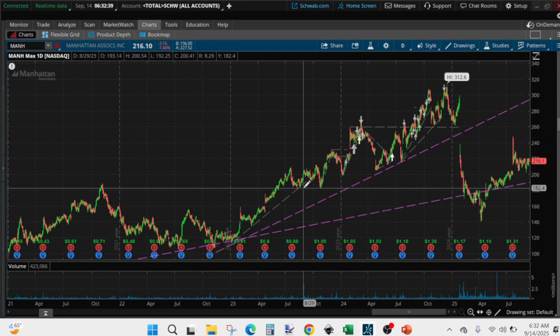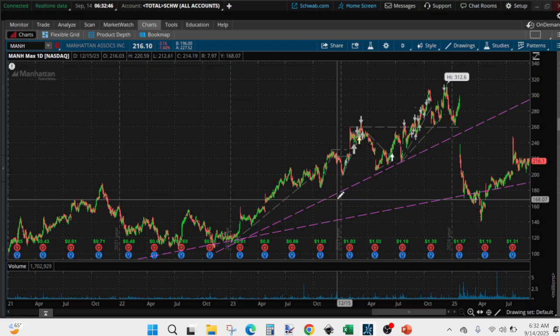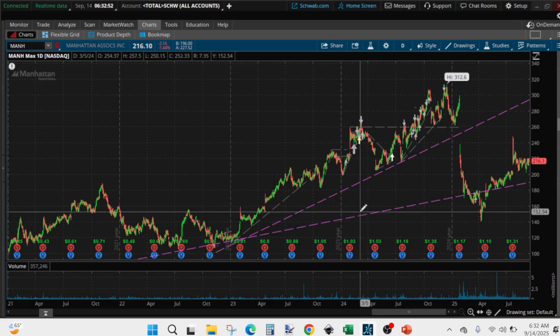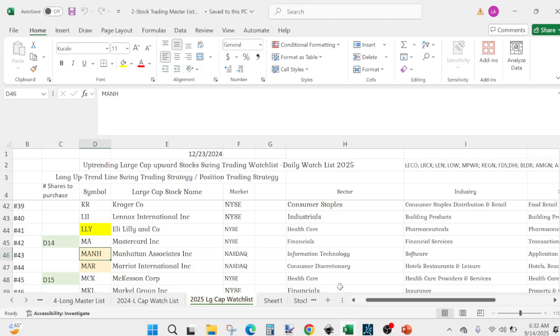So this strategy tends to use the past behavior of the chart to see if there is a pattern that will keep repeating itself, and those are the types of stocks that I like to compile on my watch list to swing trade.